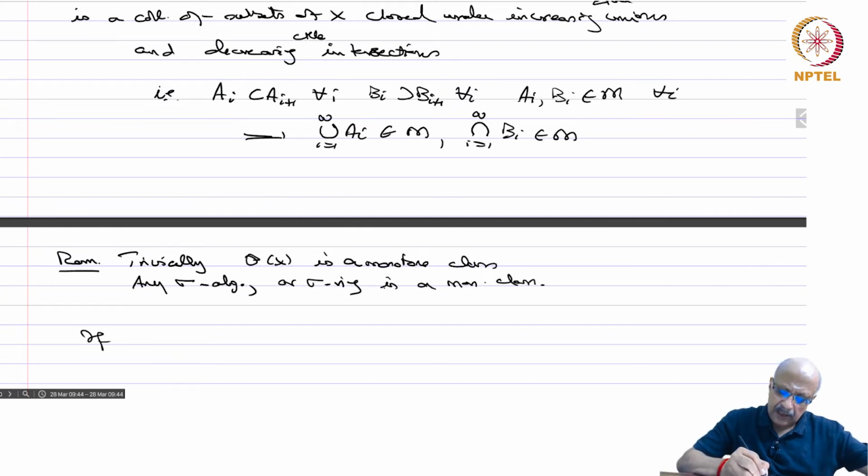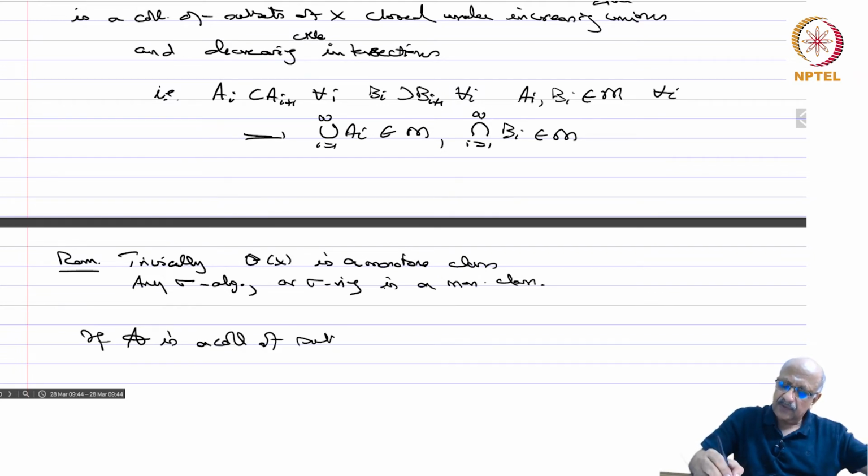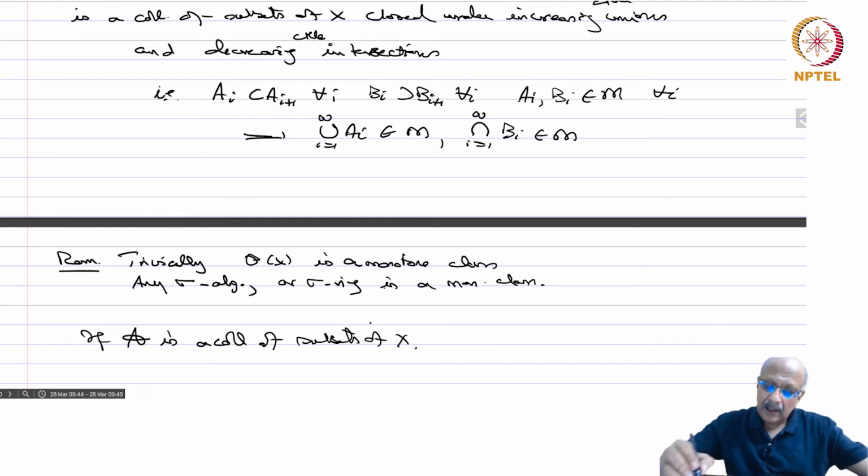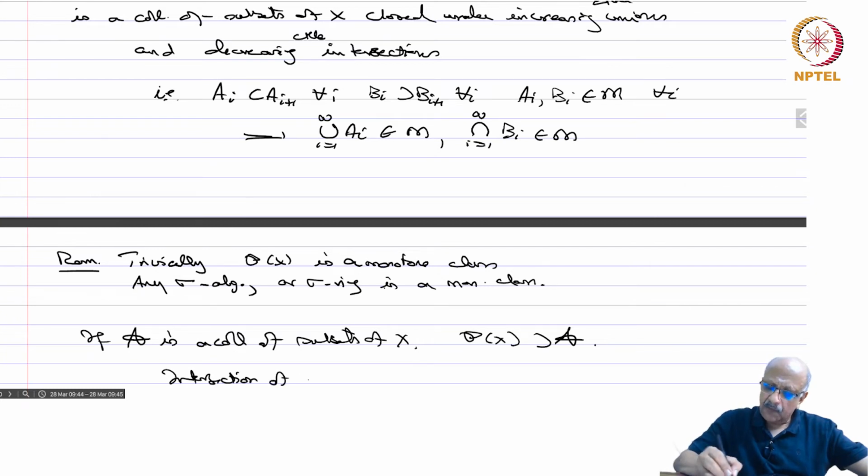So if A is a collection of subsets of X, then P of X is a monotone class which contains A. Okay. Now intersection of monotone classes is a monotone class. That's easy to see.